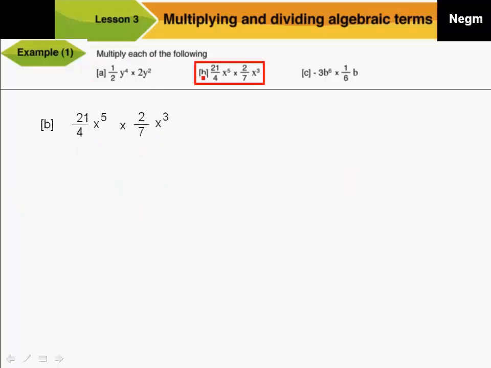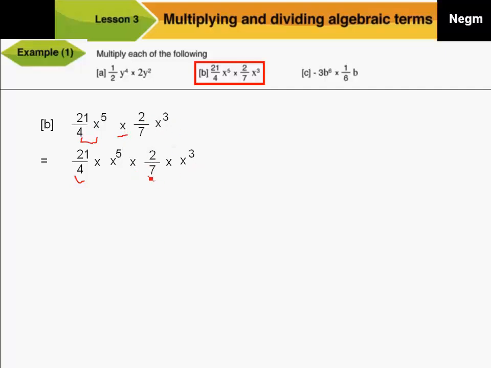For b, we have 21 over 4 x to power 5 multiplied by 2 over 7 x to power 3. As I told you, this number is multiplied by x to power 5, multiplied by 2 over 7 times x cubed.